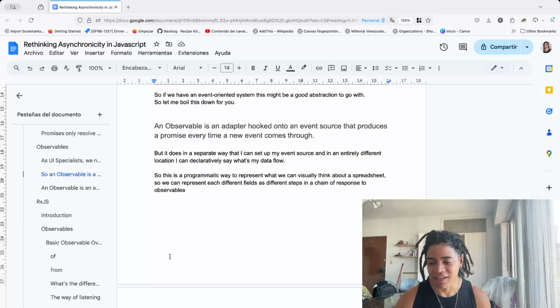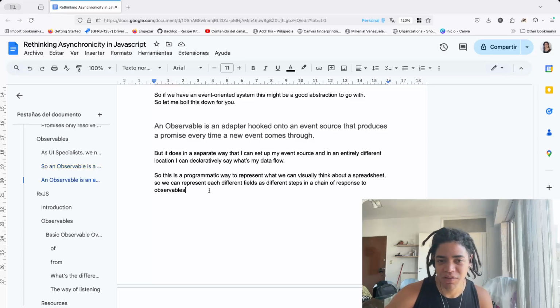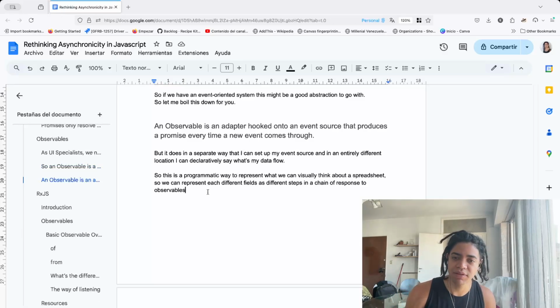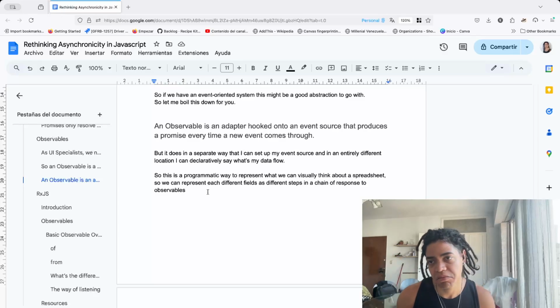So you get the idea, and that's very mind blowing. We don't have observables natively. It is still in a draft, which means we're going to see it in the language perhaps in the next decade. Who knows?